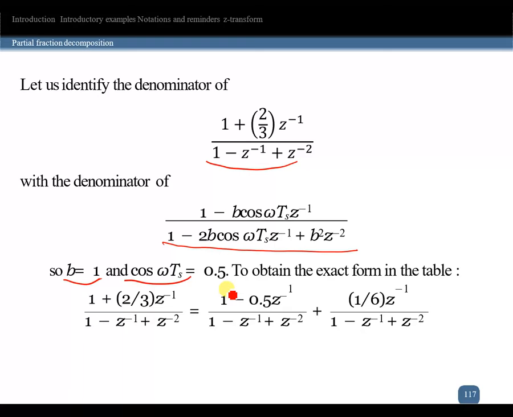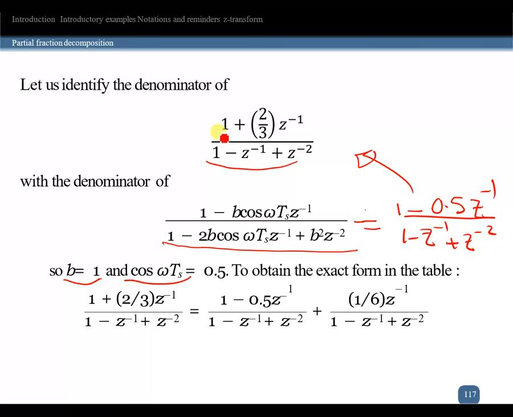If I put it here, you see the numerator will be 1 − 0.5 z⁻¹, and the denominator becomes 1 − z⁻¹ + z⁻². If you check the standard form and my solution, you will have this.